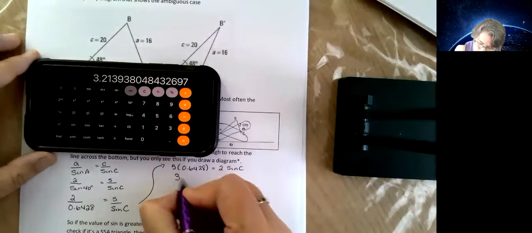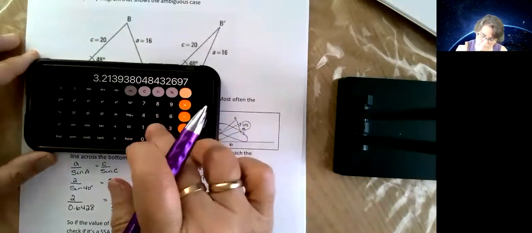And we get 3.2139 is equal to 2 sine C. Divide by 2, divide by 2. 1.60.